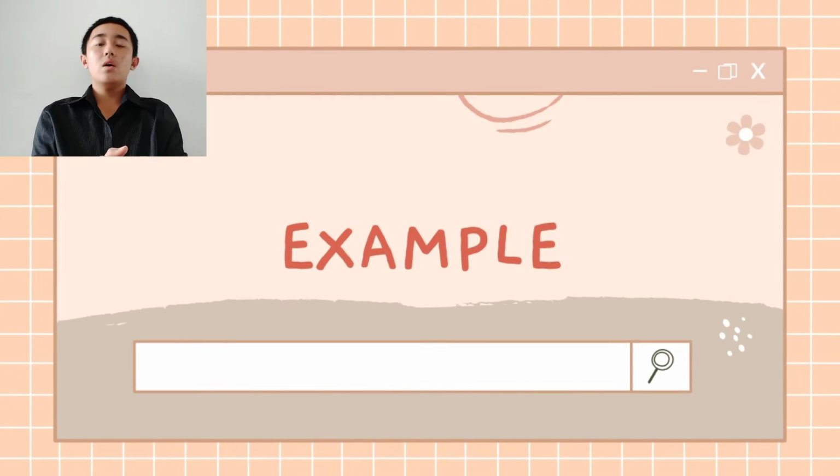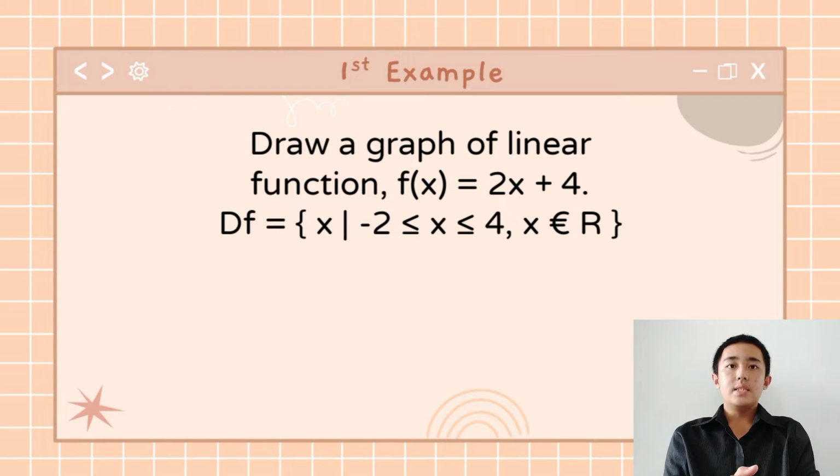Next, the examples. The first example is divided into two parts. Example 1, part A. The task is to draw a graph of the linear function f(x) = 2x + 4. The domain is greater than or equal to -2 and smaller than 4, as integers.